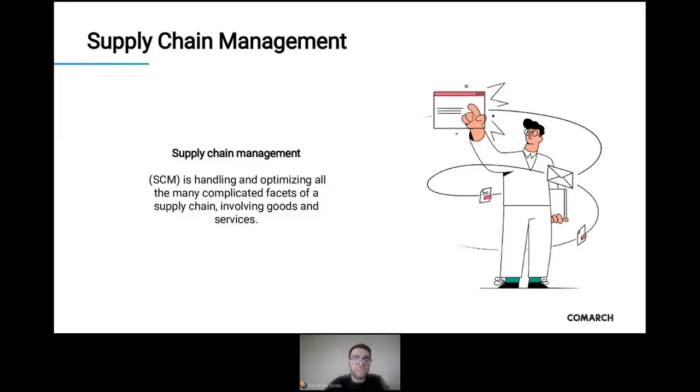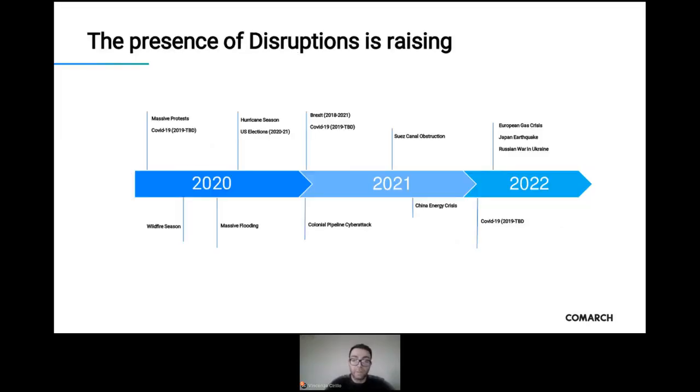As we have seen, future supply chains are constantly handling disruptions. Disruption in the modern supply chain is a new reality, and it is always a risk because it is always around the corner. As we have seen in recent years, the number of supply chain disruptions that companies are facing is constantly growing.